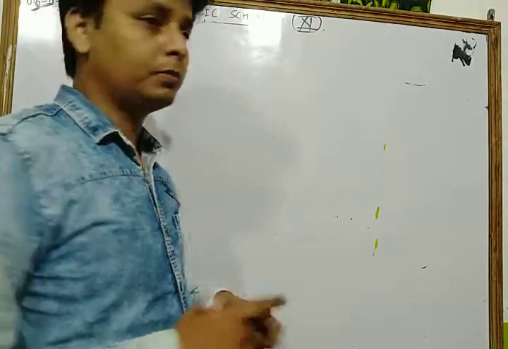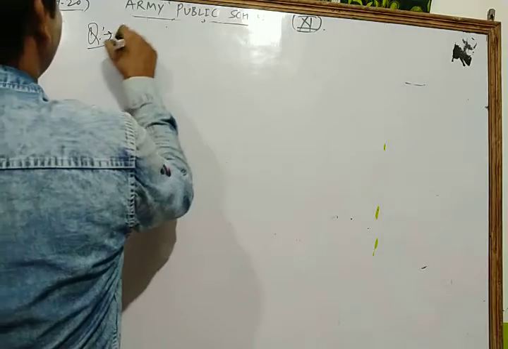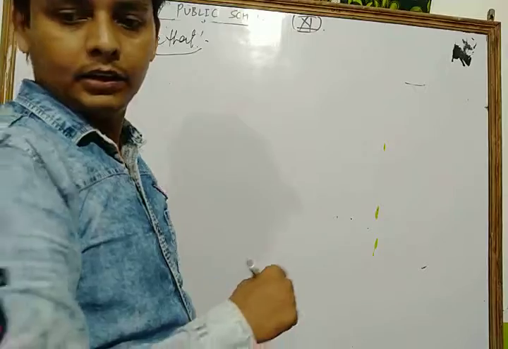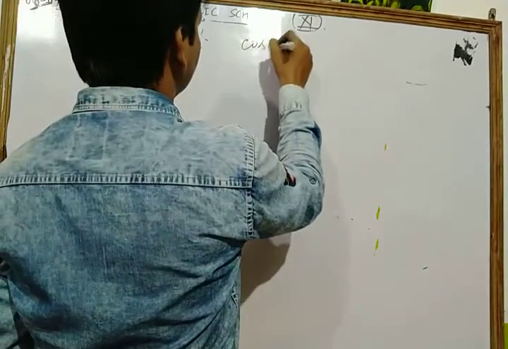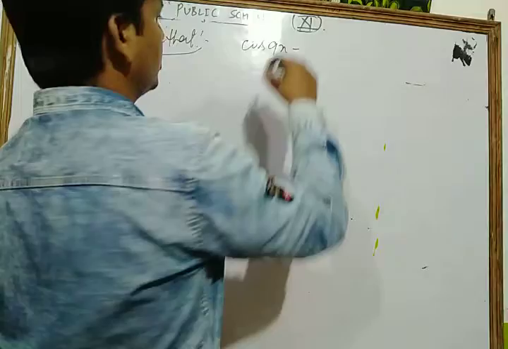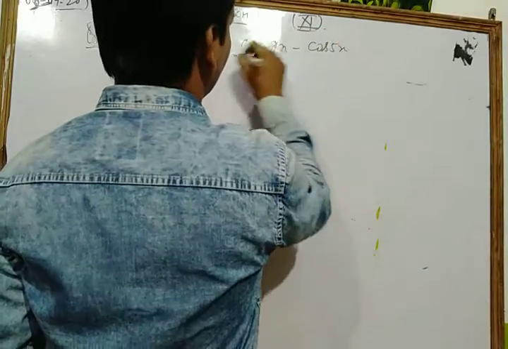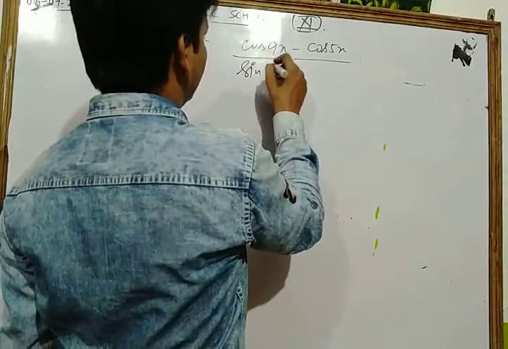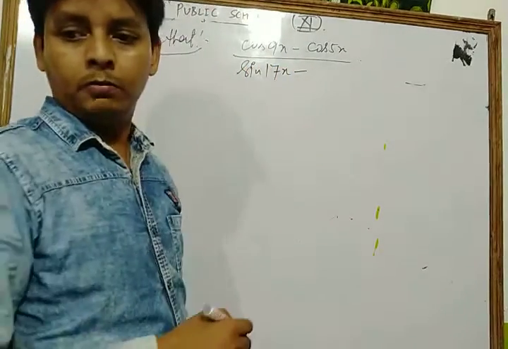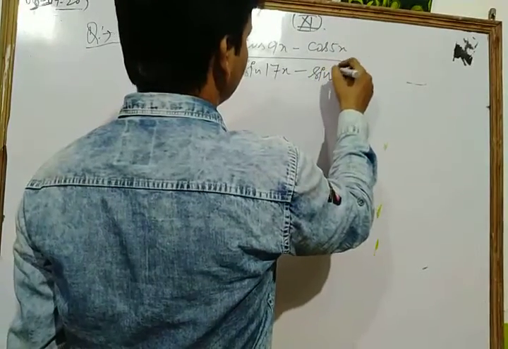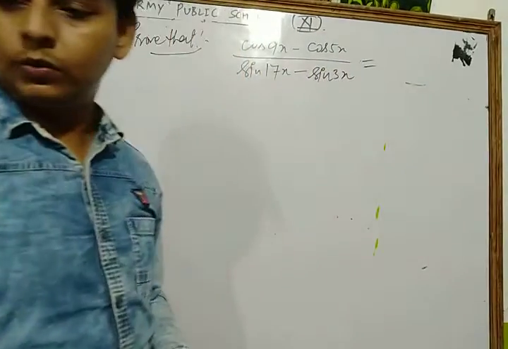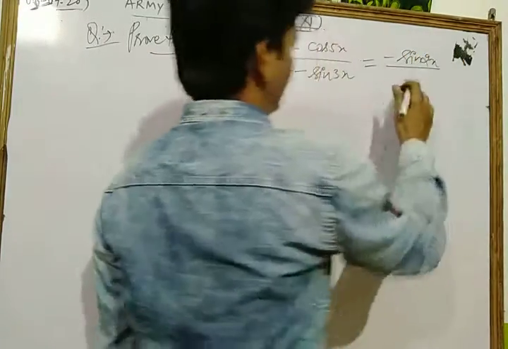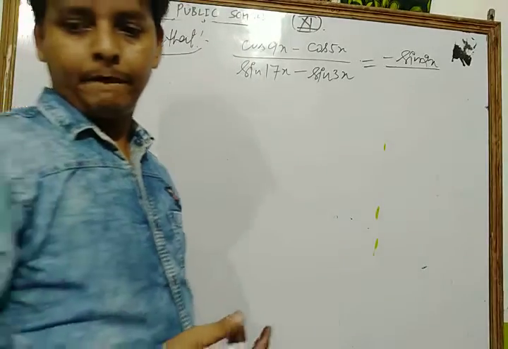Now we take some NCERT question. Prove that (cos 9x minus cos 5x) upon (sin 17x minus sin 3x) is equal to minus sin 2x upon cos 10x.